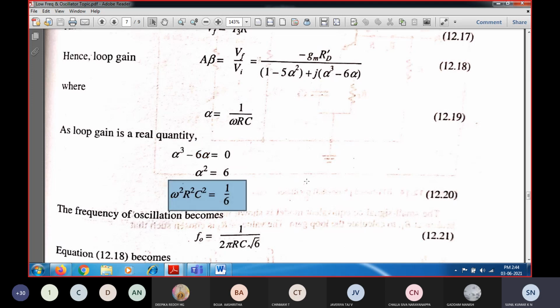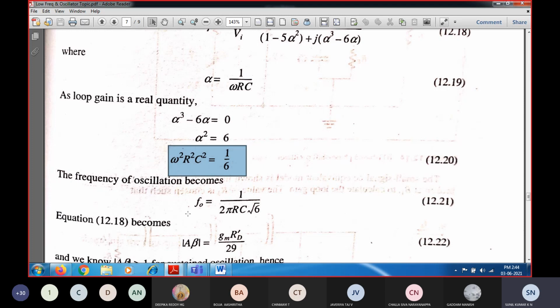So the frequency of oscillation is determined by using this equation. If I simplify this equation, I will get the frequency of oscillation of this circuit. The frequency of oscillation is given by 1 by 2 pi RC into square root of 6. This square root of 6 can also be written like 2 into square root of 3.